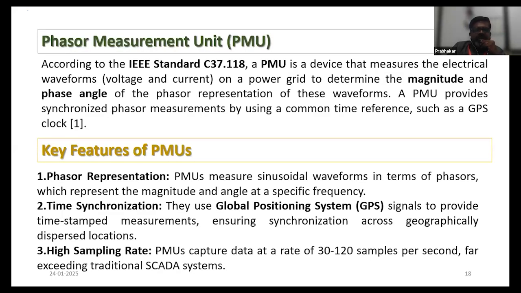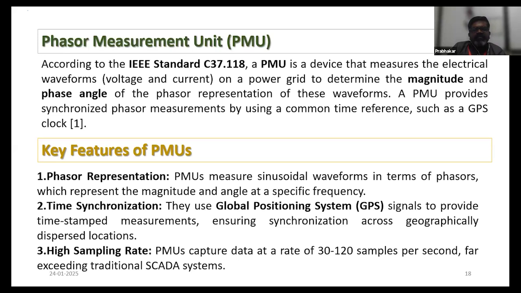There are certain standards also which we should know. What are the different standards? Because, as you know, communication is involved. There are different standards, and as per the standard, they define your PMU. What are a few features? As I said, the phasor representation, time synchronization, then high sampling rate.